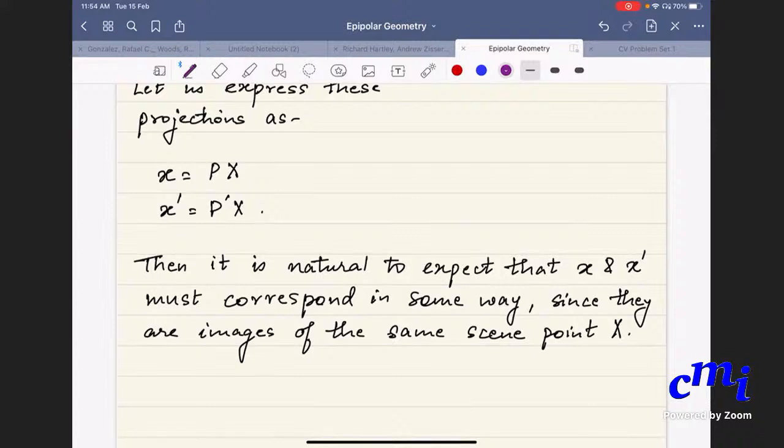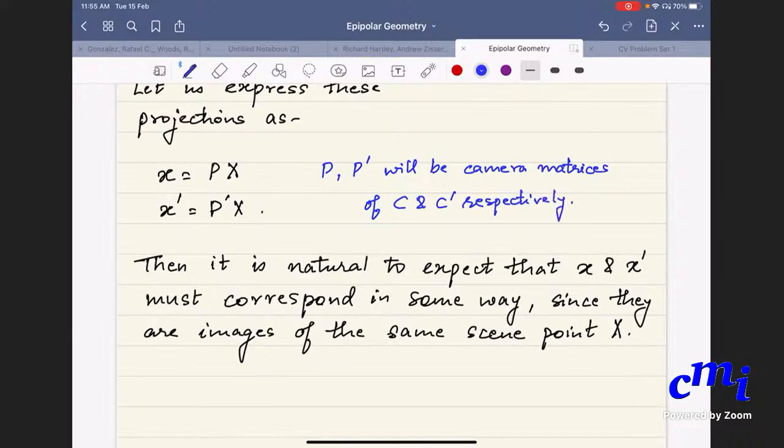Those projections are called P and P prime, which will be the camera matrices of C and C prime respectively. Once you have found this camera matrix, you know the projection from the world point to the image point.